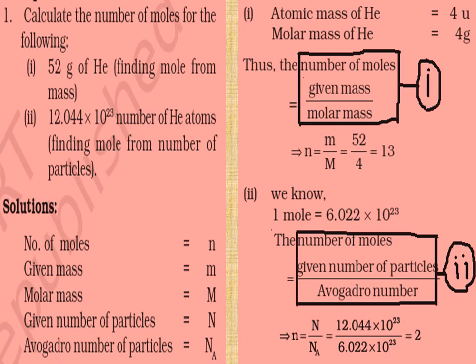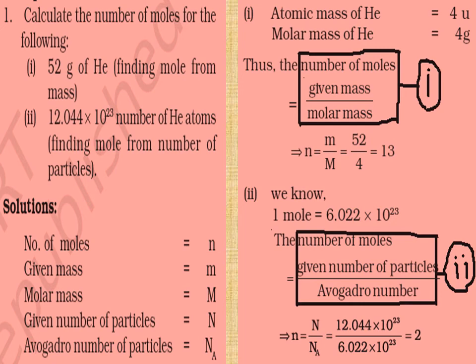Similarly, for the second question, 12.044 × 10^23 helium atoms are given. Now let's find the moles.